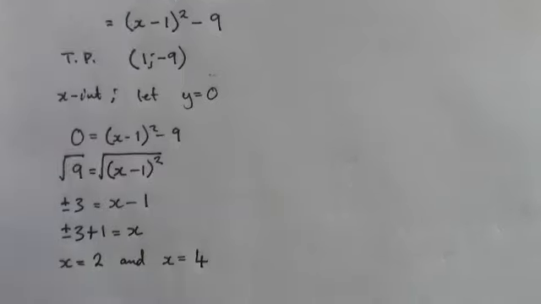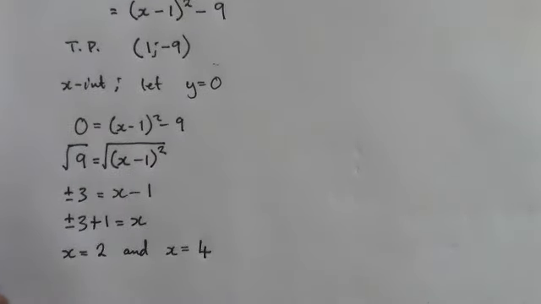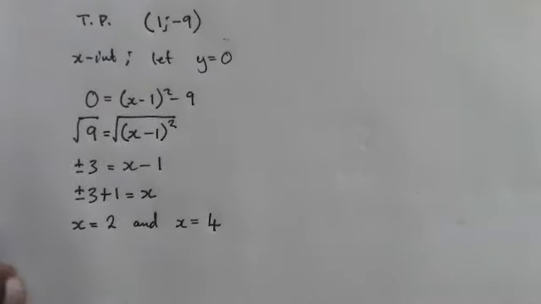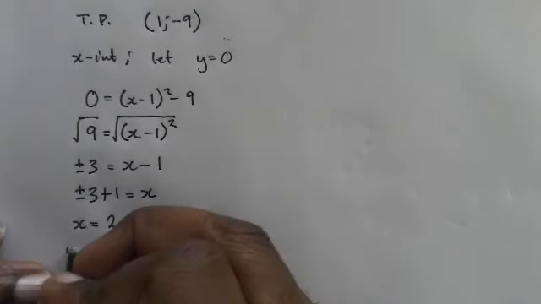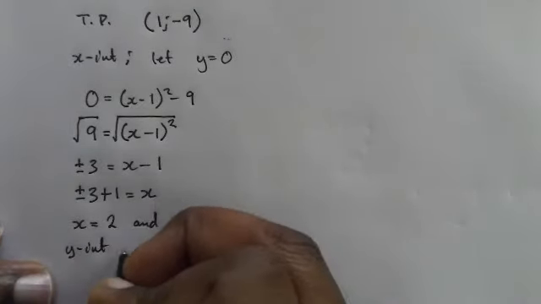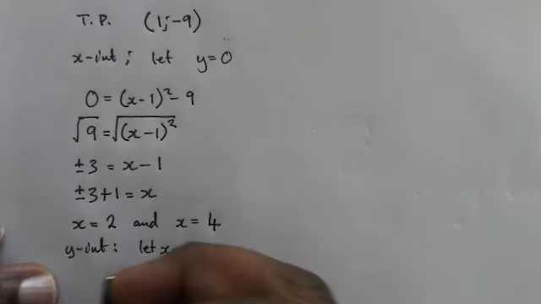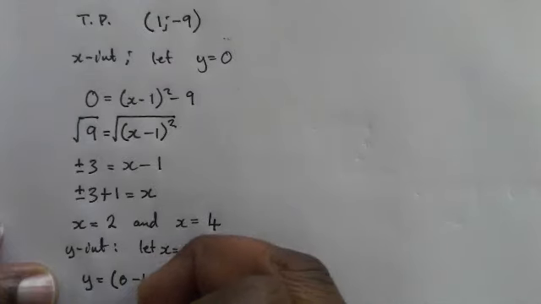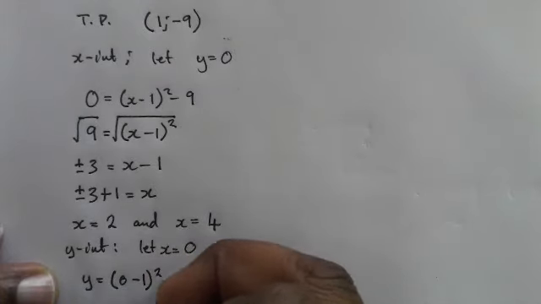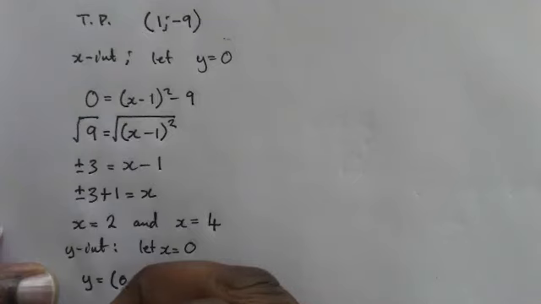I need to find the y-intercept. So obviously we let x equal to 0. To find the y-intercept, I just let x equal to 0. So to find y, I'm just going to say y is equal to 0 minus 1 squared minus 9.